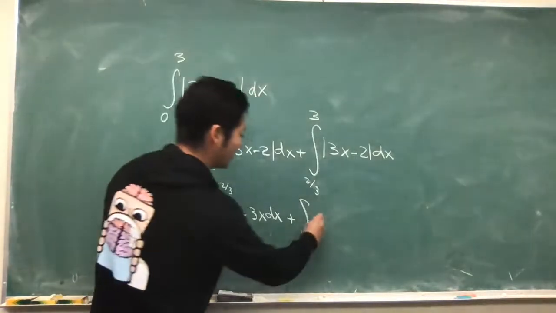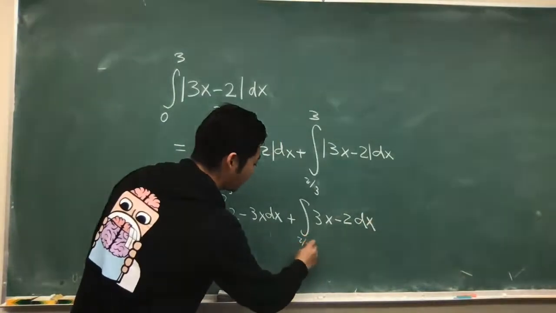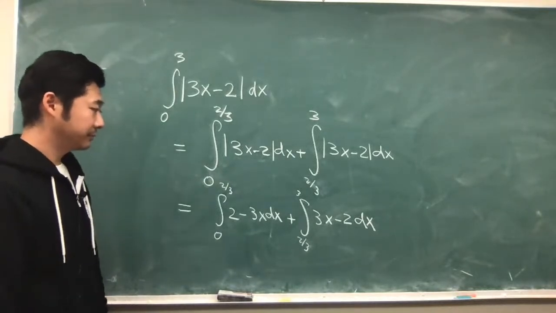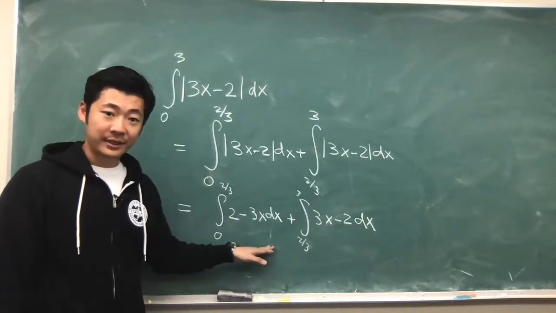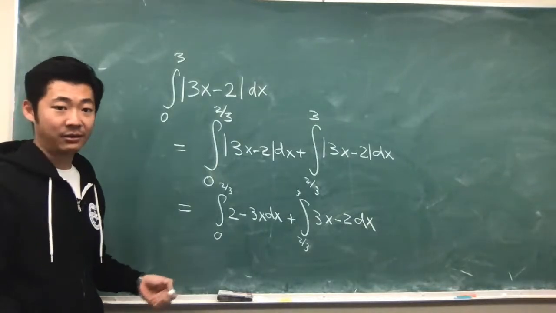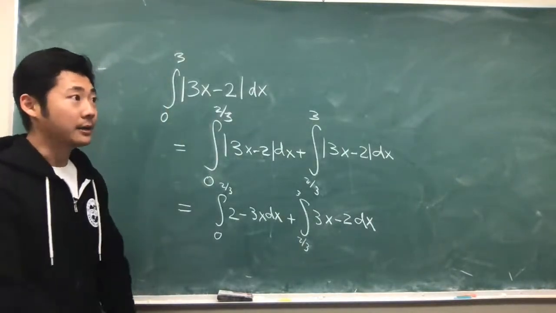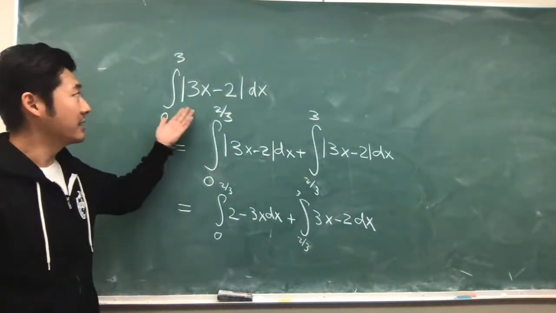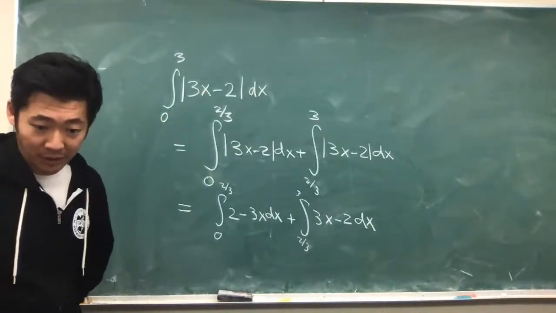So this is going to be just the integral of 3x minus 2 dx from 2/3 to 3. Now you just have regular old integrals that you can use the power rule to integrate. And you'll get the same answer as if you had interpreted using the area. So that's how you would integrate absolute value. And I think later on, we'll talk a little bit more about when the absolute value comes up. So that's question 1 from WebWorks.